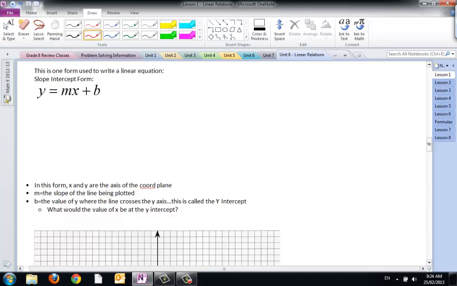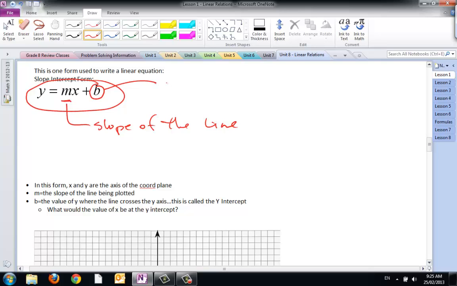So this is the first form of an equation that we're going to look at, and it is called the slope-intercept form. And I want to break these parts down for a minute. The m right there, that is the slope of the line. And this b, that is the y-intercept.